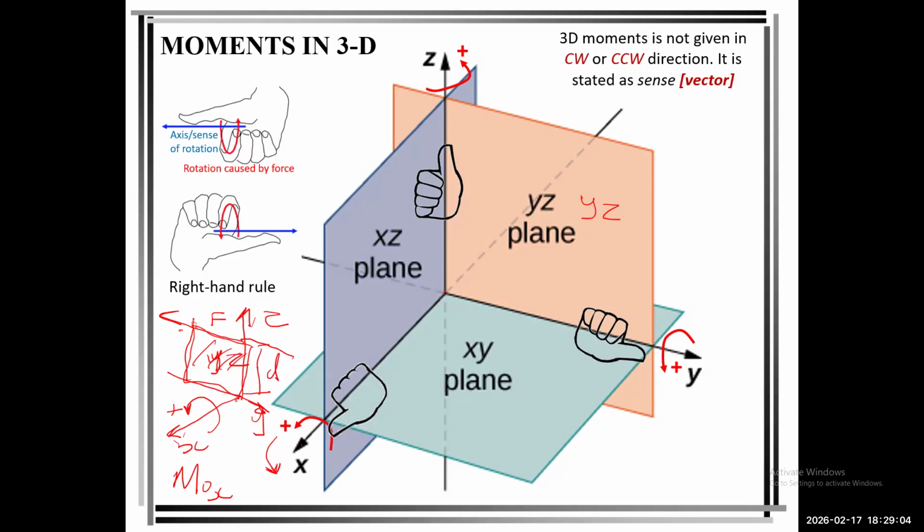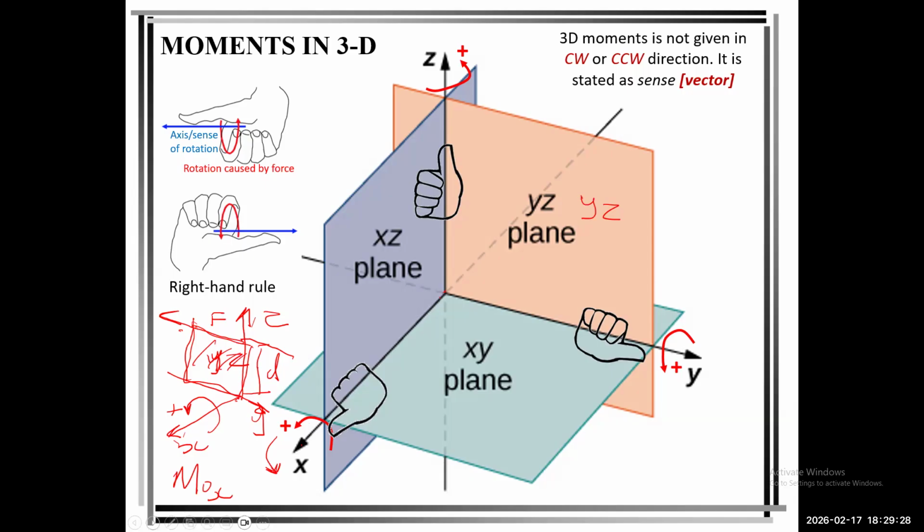So you use the right hand grip rule to find out which direction it is rotating. Once you put the hand there, the direction of your fingers curling around is the direction of your moment. So you can have a sense there. Any question there?